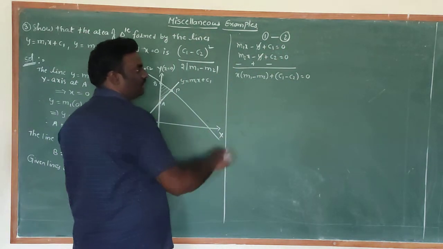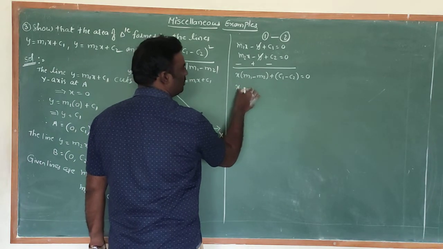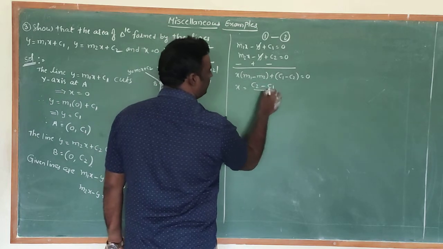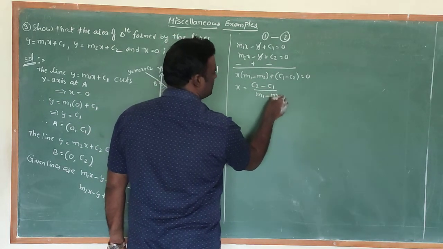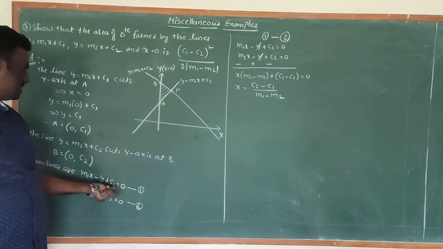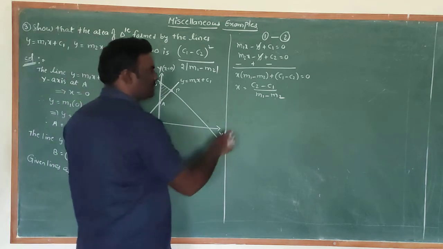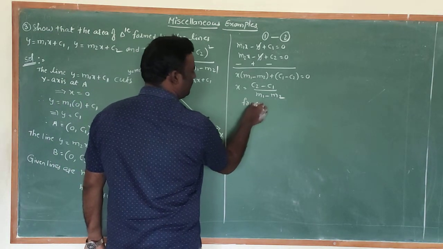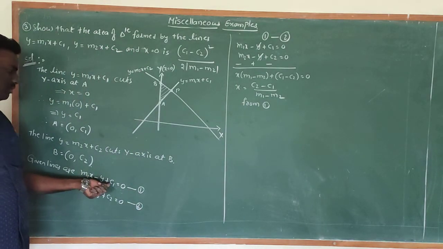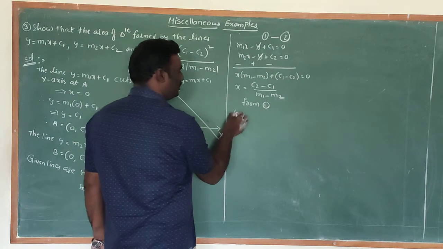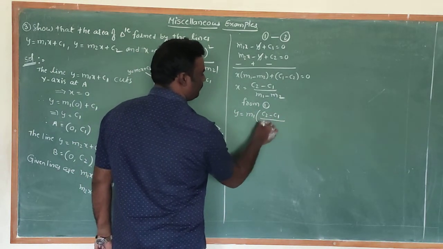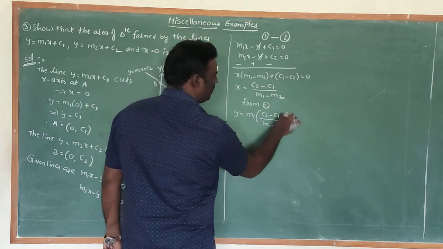Now x equals, c1 minus c2 going to the other side becomes c2 minus c1 by m1 minus m2. Substitute this x value either in the first equation or the second equation. Substitute this x value in equation 1. What is equation 1? y equals m1x plus c1.